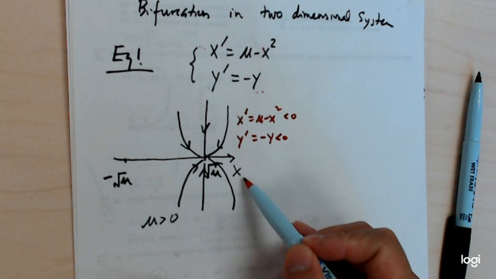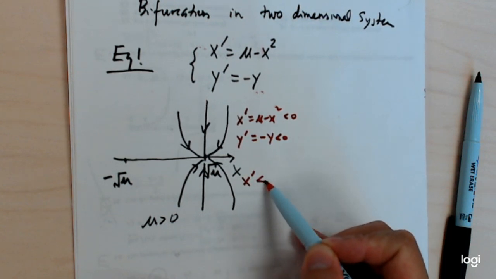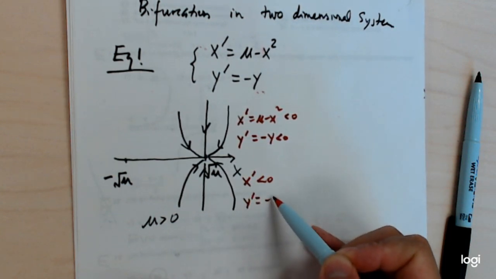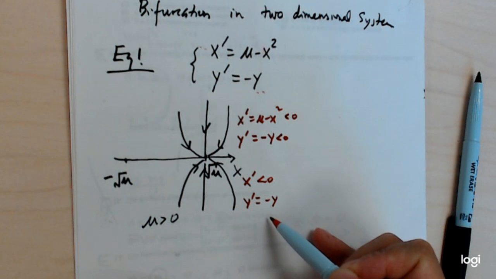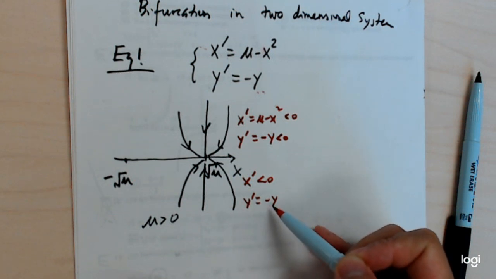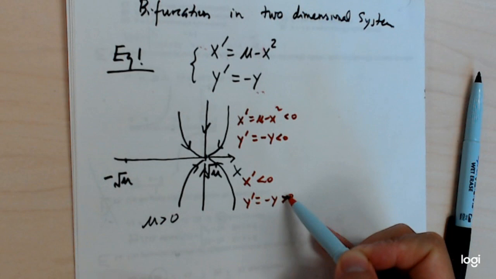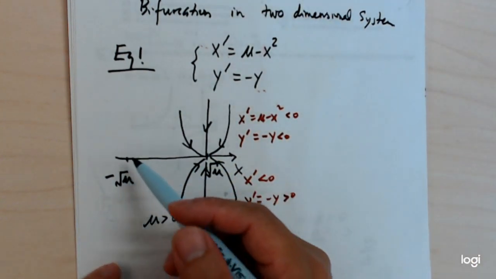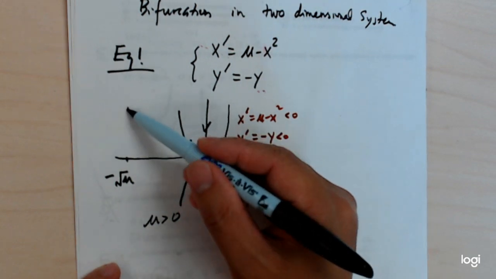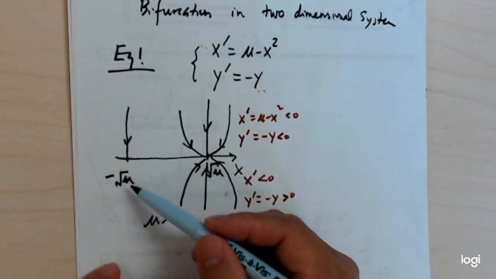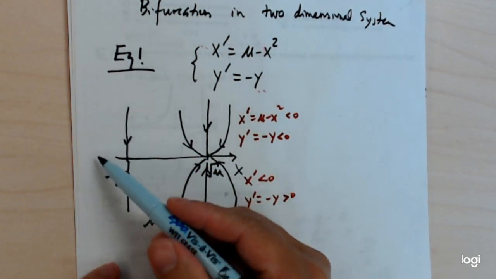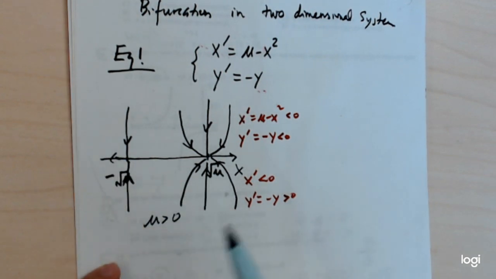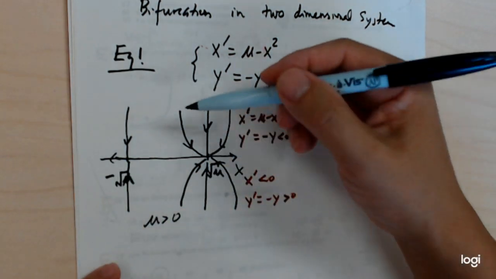Over here, x prime is still negative, but y prime, which is negative y, and y down here is negative, so negative y will be positive. It's moving upward. So you have to do this for different regions here. Eventually, you can create a slope field like this. This takes a lot more work than what I showed here.